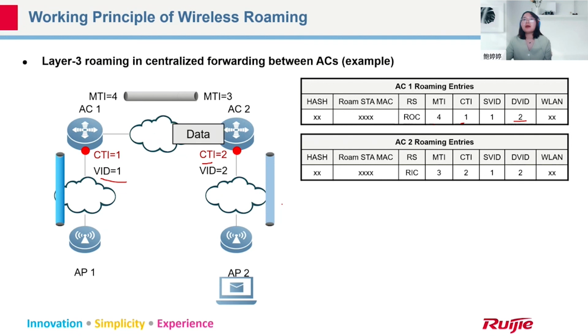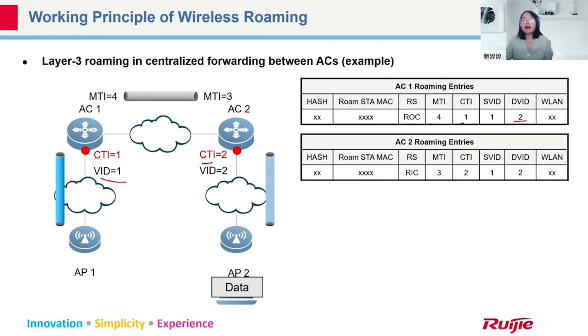Then AC1 will send the message to AC2, and AC2 will send it back to AP2. So in this process, when the message is sent out, it goes to AC2, AC2 sends it to AC1, and AC1 helps us forward the traffic.